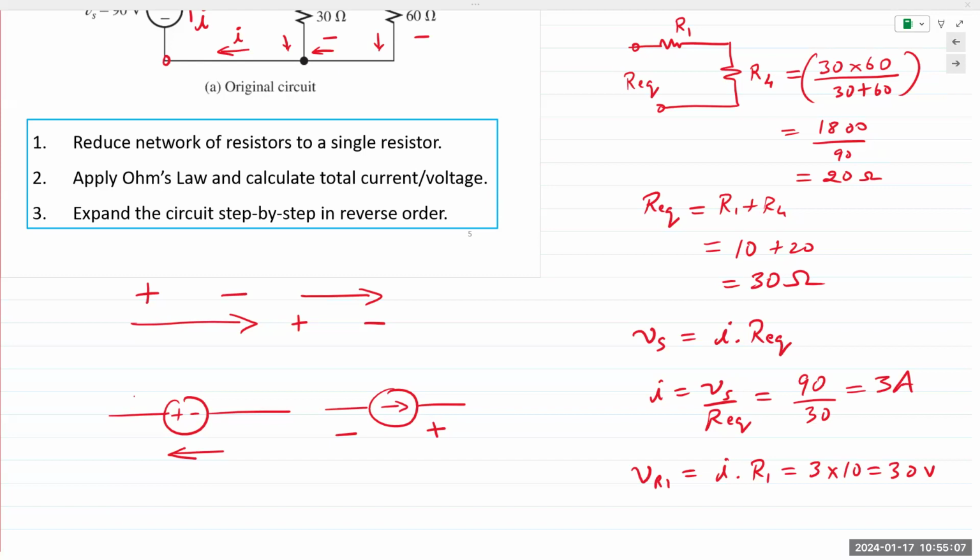Within this technique, you can apply Ohm's law, KVL, or KCL. You can choose whichever one you want. Points will not be deducted if you choose KVL or Ohm's law.